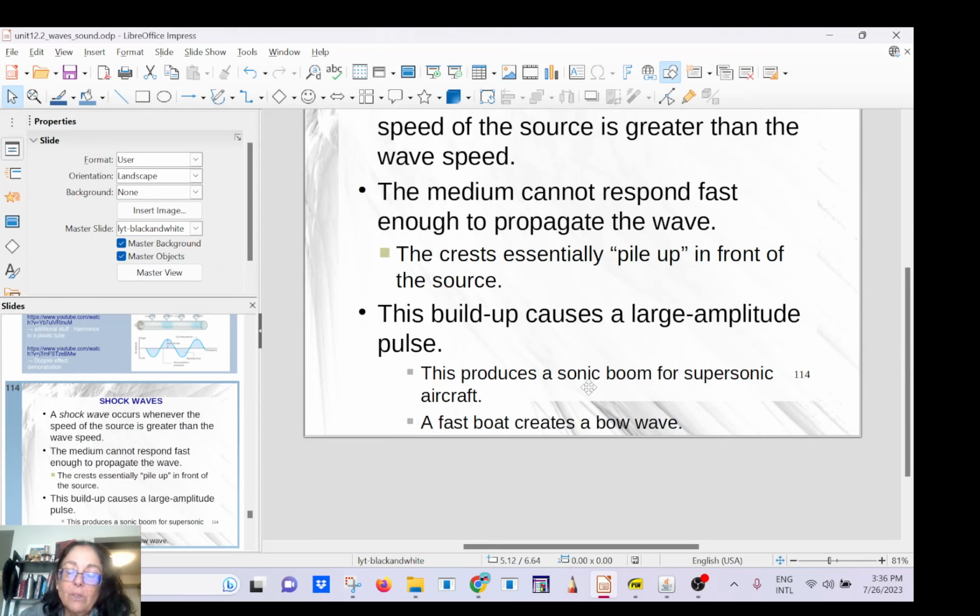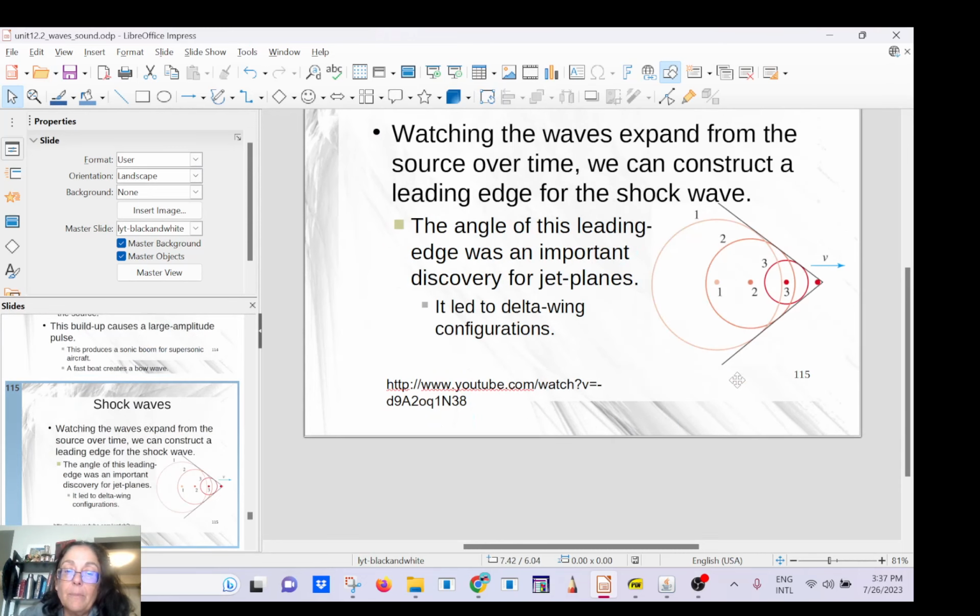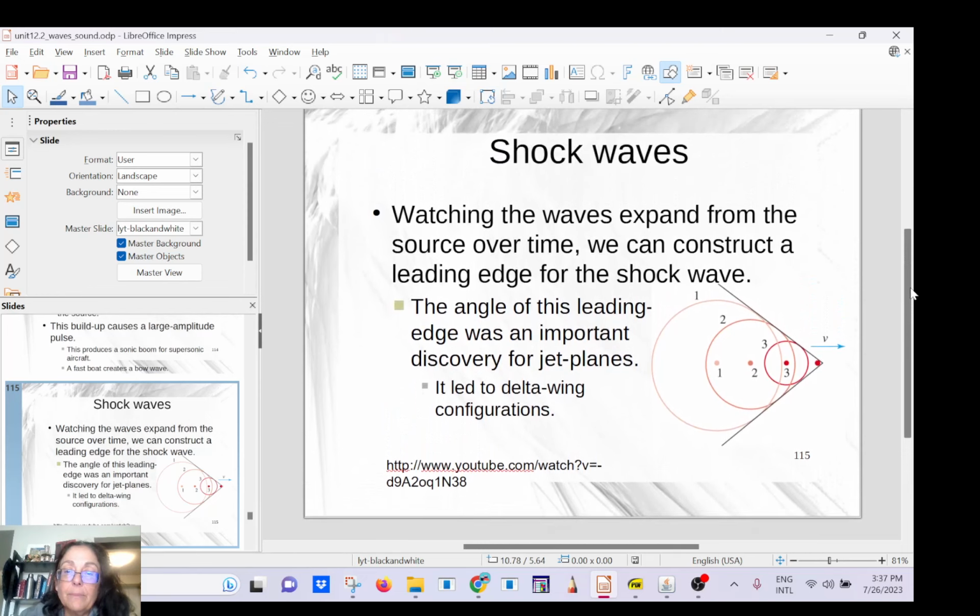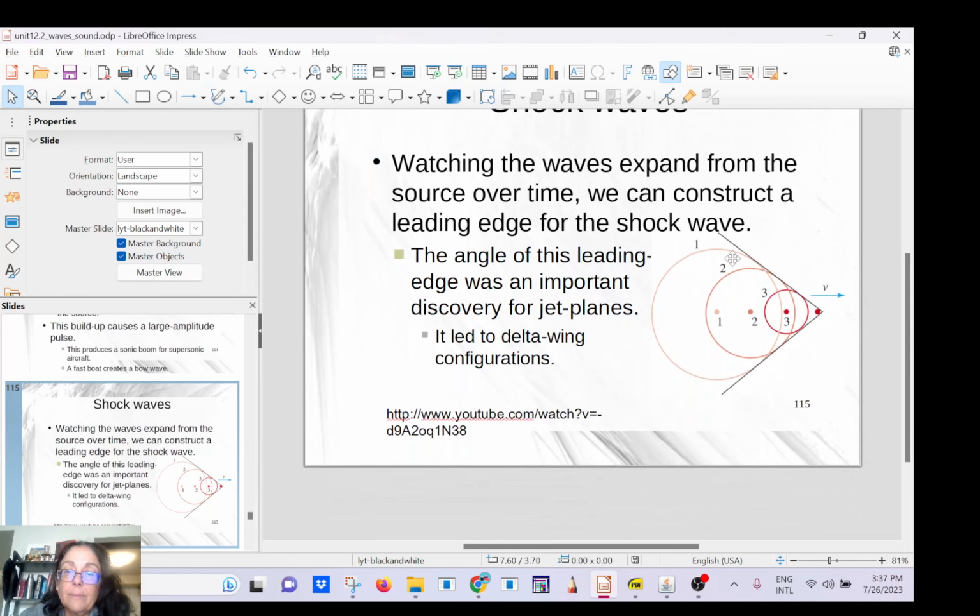That's how a sonic boom is produced. And if you're making waves, and the boat is moving faster than the speed of the waves that you make in the water, you have a bow wave. Okay, so that's how it works.